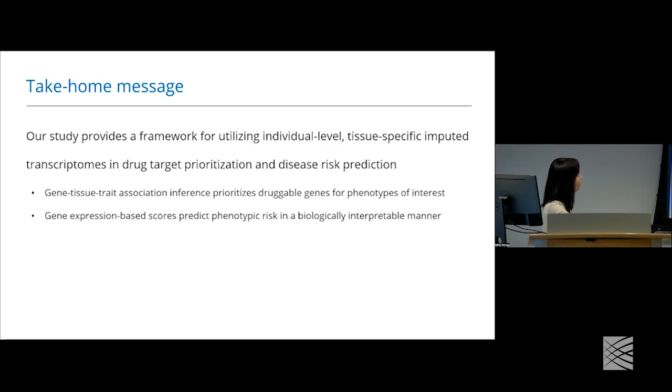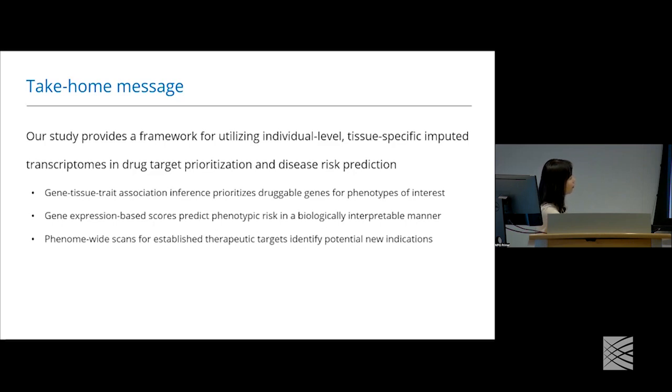We also show how to construct and test gene expression-based risk scores, which may be more biologically interpretable than methods for which the mechanisms underlying the disease may not be well understood. And lastly, we show that phenome-wide scans for established therapeutic targets may help identify potential null indications for approved medications.